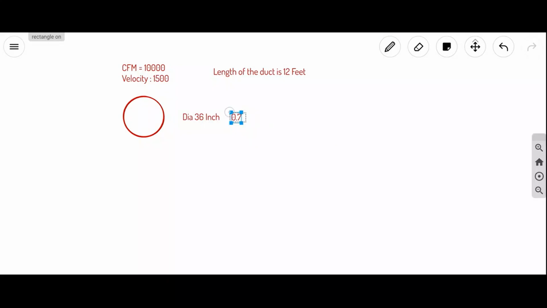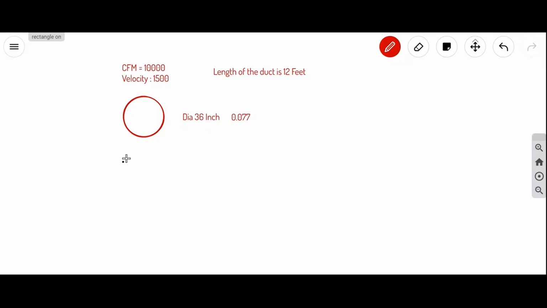No, here the friction factor is 0.01. My question is, after placing CFM and velocity, you will be able to see one head loss in between that. Yes, it is 0.076. Okay, whatever, no problem.